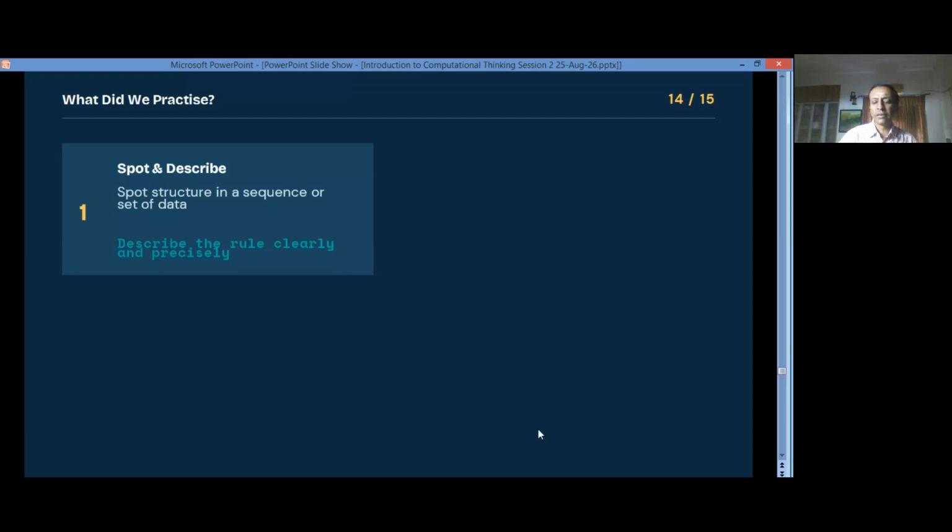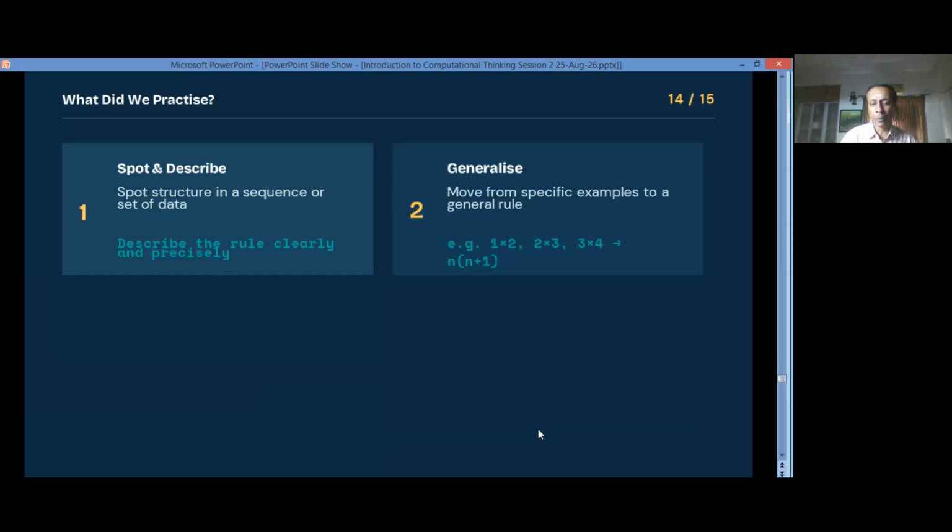So what did we practice so far? So given a sequence, we were able to spot the structures. We were able to describe the rule clearly and precisely. That was the first thing we were able to do.